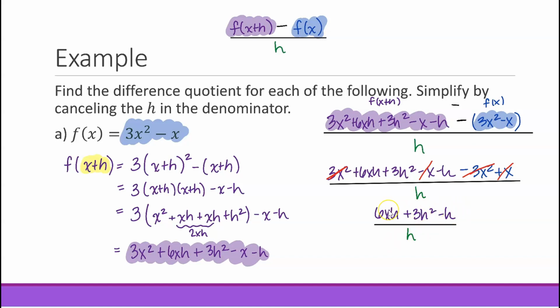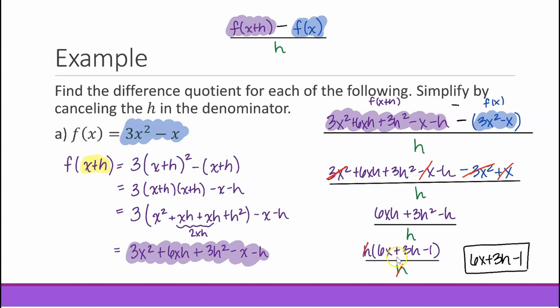So I have to factor out the h that is in common, h times 6x plus 3h minus 1 all over h. And now that I have made it a factor, these are multiplied, now h divided by h can cancel because h divided by h is just 1. So what I have left is 6x plus 3h minus 1.